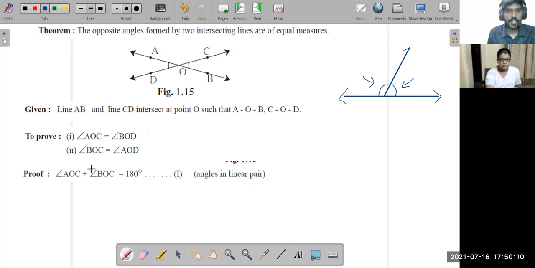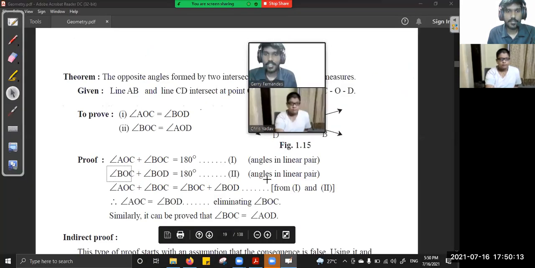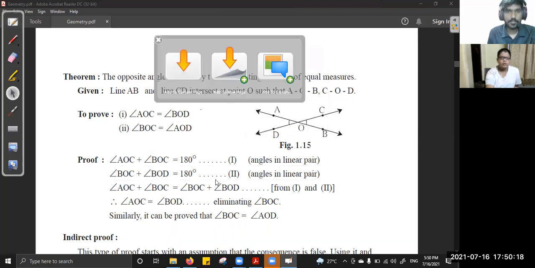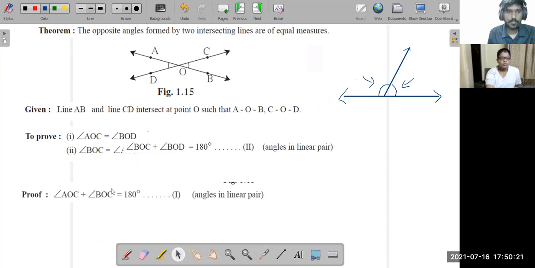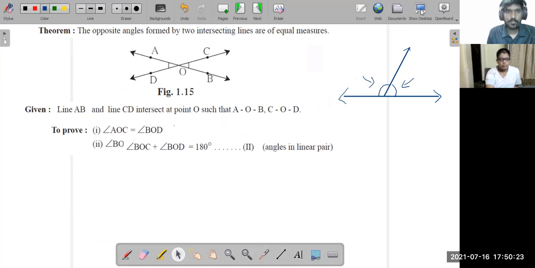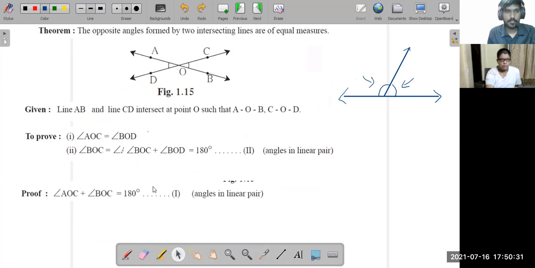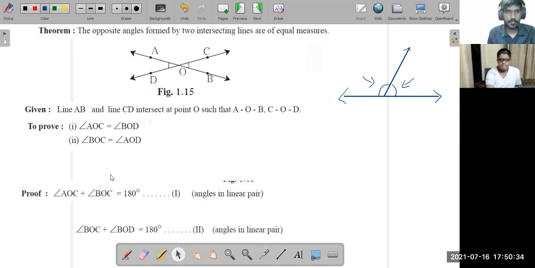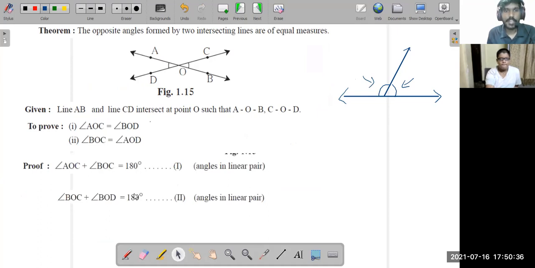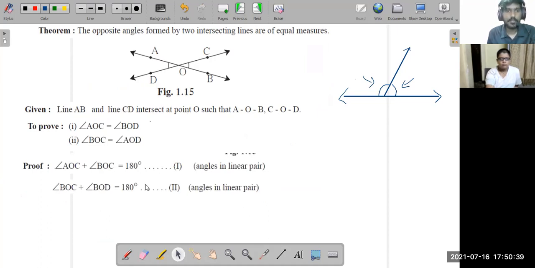Correct. The second one is angle BOD and BOC.